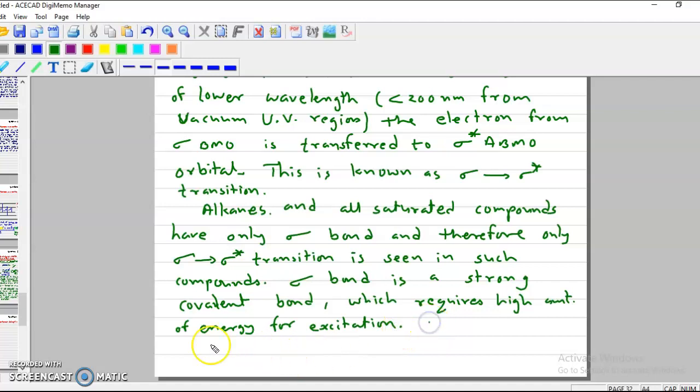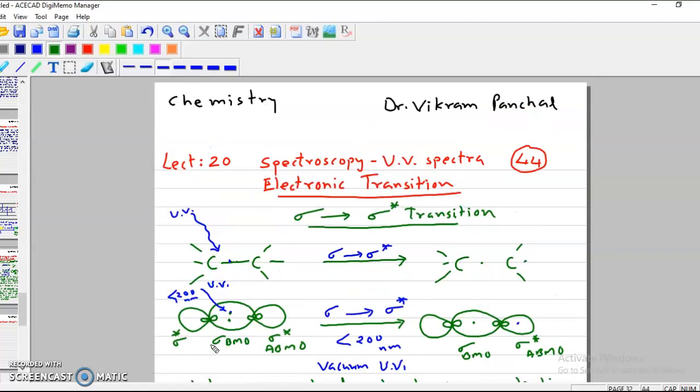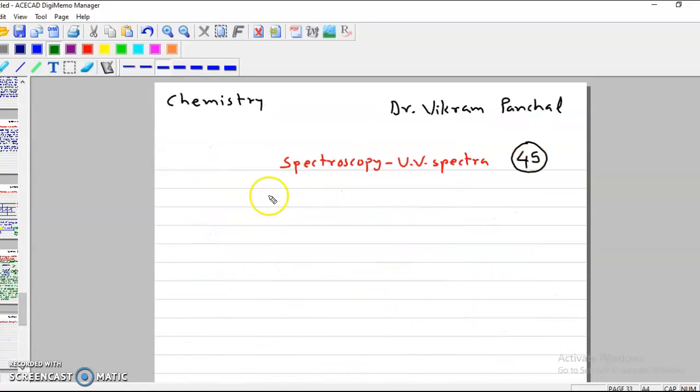And you know that E is equal to hc upon lambda, and E is inversely proportional to wavelength.